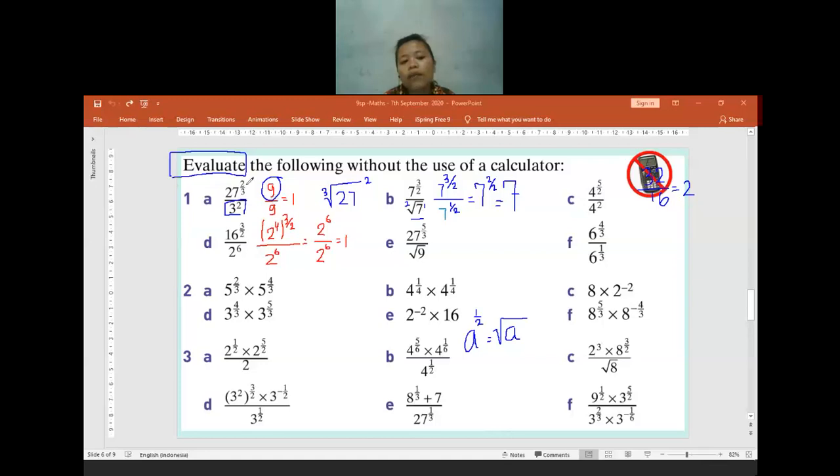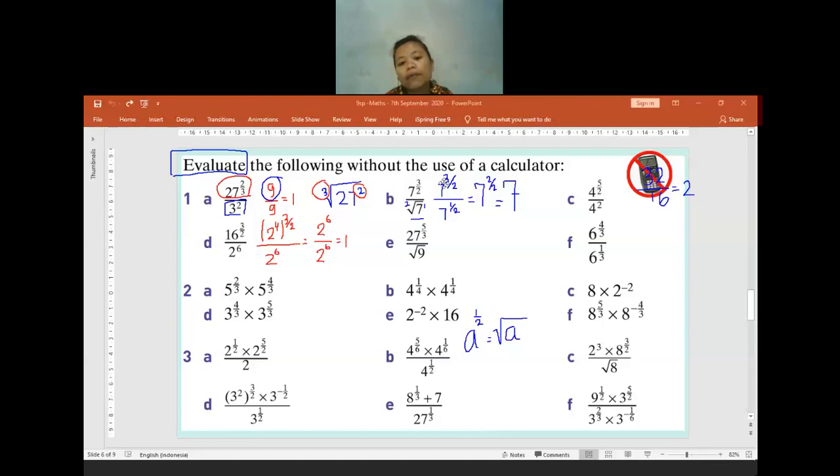If you are still confused, you can check the 27 to the power of 2 per 3. The number 2 in the numerator, I take from the power of 27. And then the denominator 3, I get it from the root. That's why in here, if I have square root of 7 to the power of 1, I can write it as 7 to the power of 1 per 2.